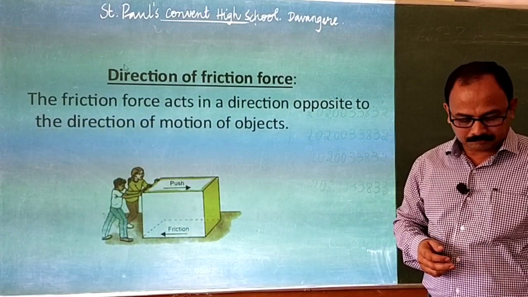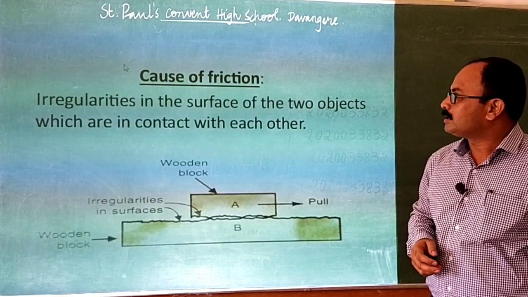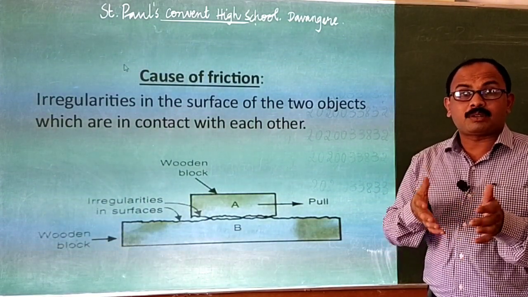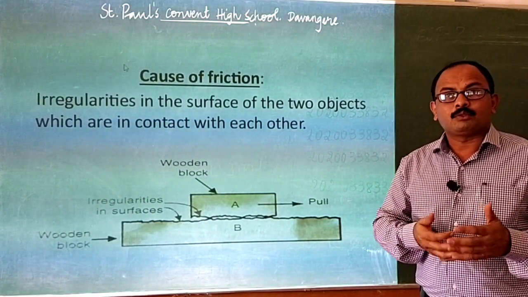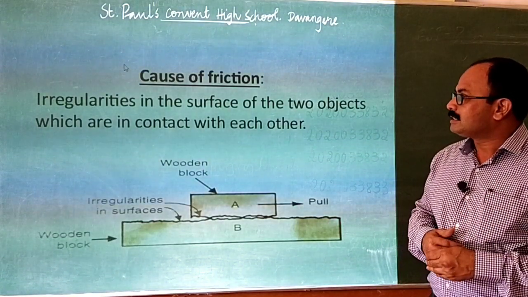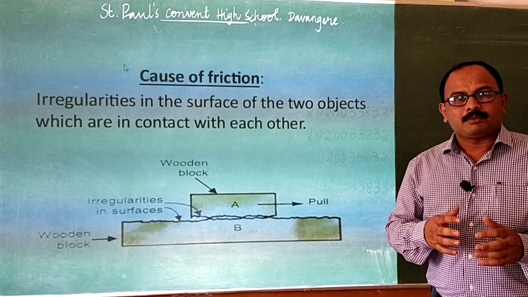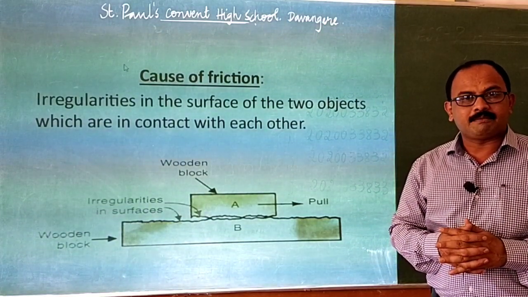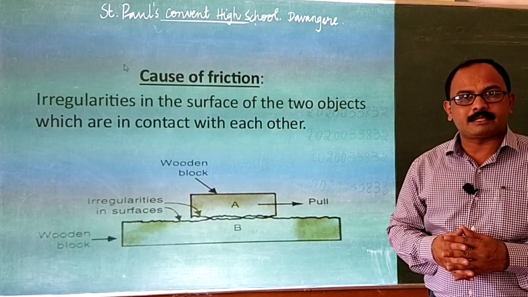What is the cause of this friction? What makes us feel the friction force? What is behind that? See, we can quote a number of surfaces which have different irregularities.